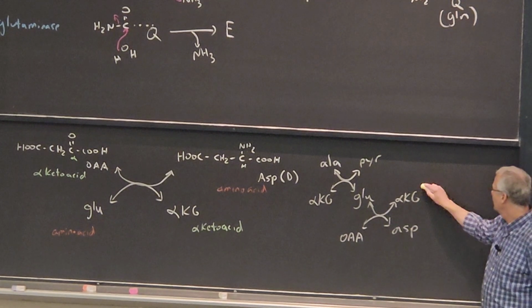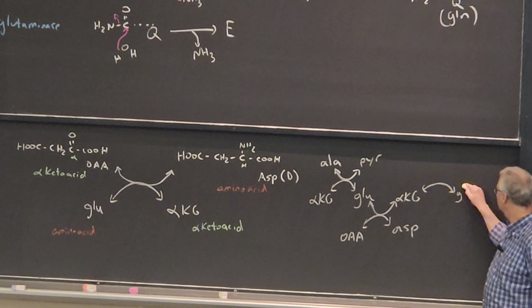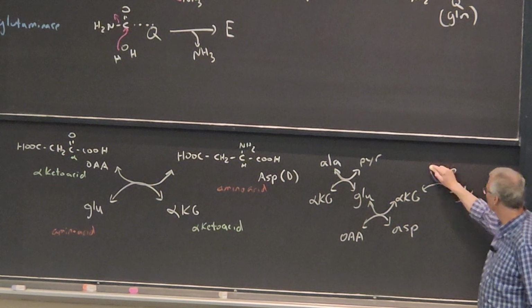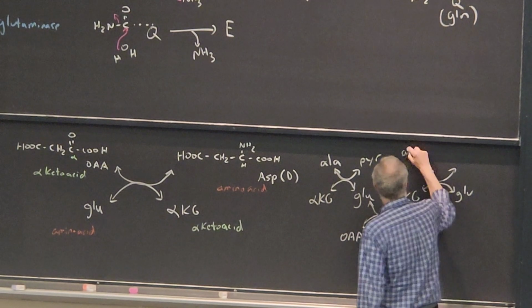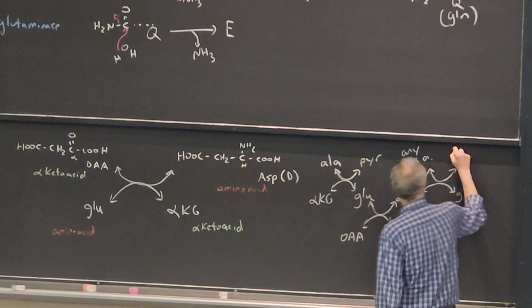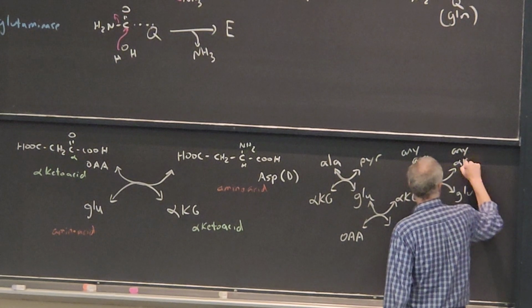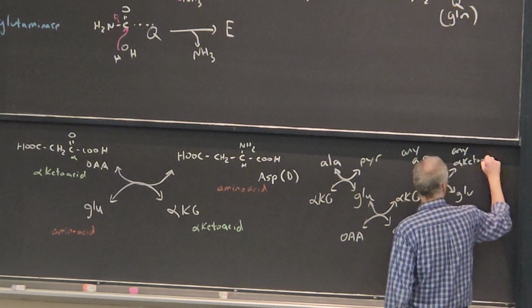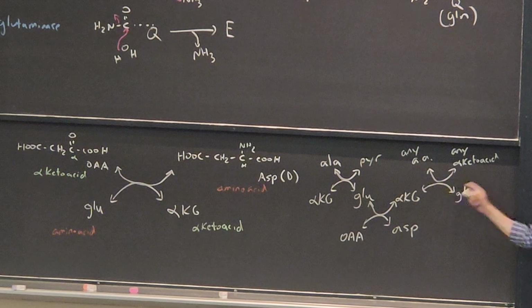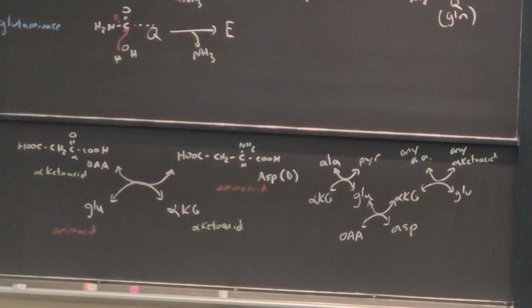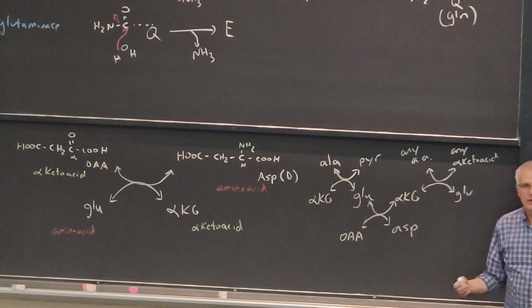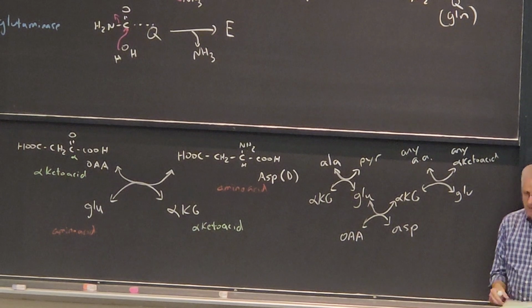All right? Do this over and over again with any amino acid and any alpha keto acid. And effectively, once I put the ammonia into the system with glutamate dehydrogenase, now it's on glutamate, and I can do these exchanges between other amino acids and other alpha keto acids.